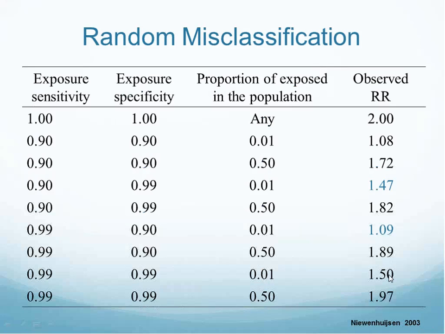And you see that these relative risks can really be harmed, especially in this case, depending on how sensitive and specific that exposure variable is in that scenario. It can really make a huge difference. And we're still, all these are above 0.9. In reality, you might see sensitivity that's much, much lower than that.